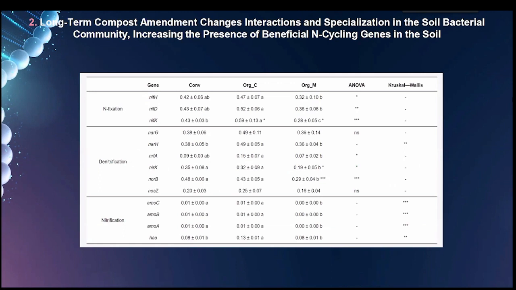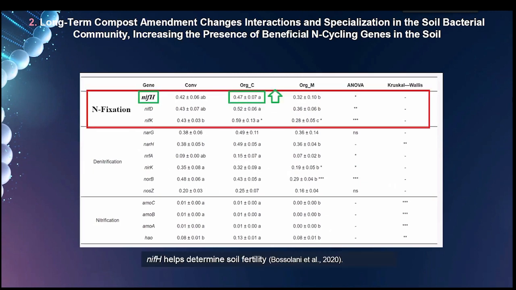Well, now to finish, I am going to talk about the potential functional prediction, but I selected only the nitrogen pathway. I am going to talk, for example, about the nitrogen fixation pathway, and we found how the compost increased the nif gene.